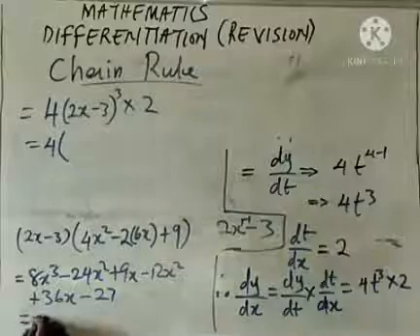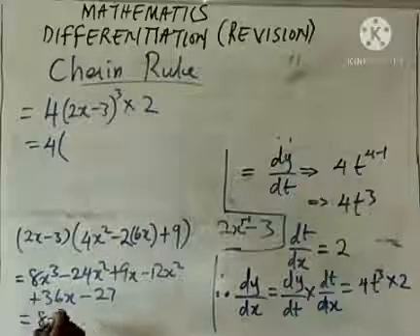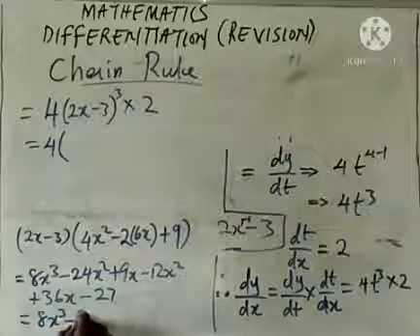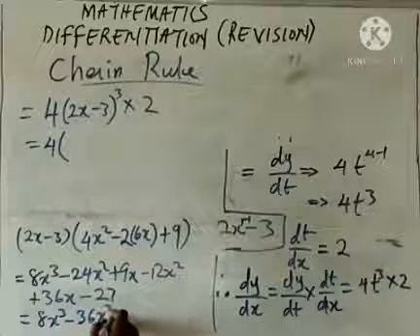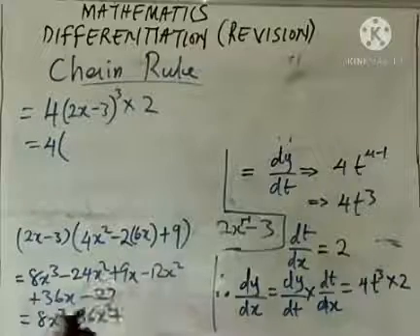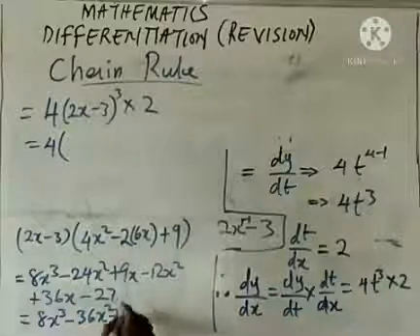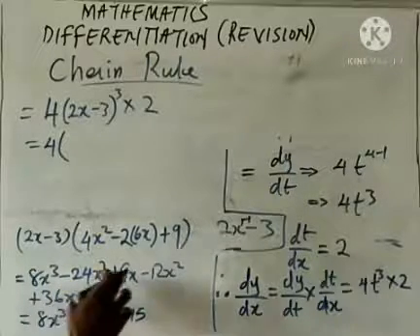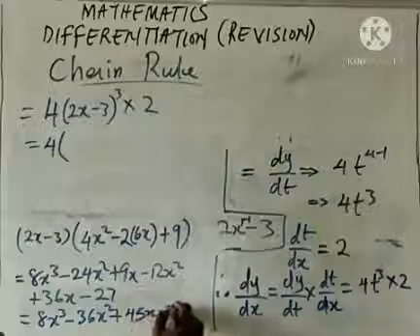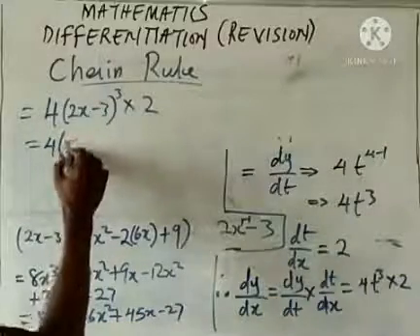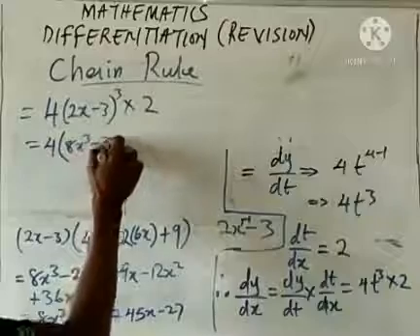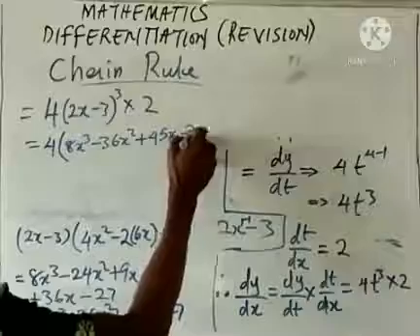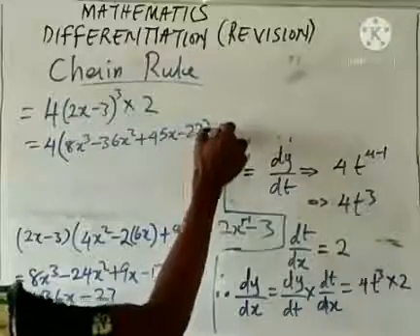So from there, I'll be having 8x raised to power 3, minus 12x squared minus 24x squared will give me minus 36x squared, plus 9x squared plus 36x will give me 45x minus 27. So there I'll be having 8x cubed minus 36x squared plus 45x minus 27, all times 2.